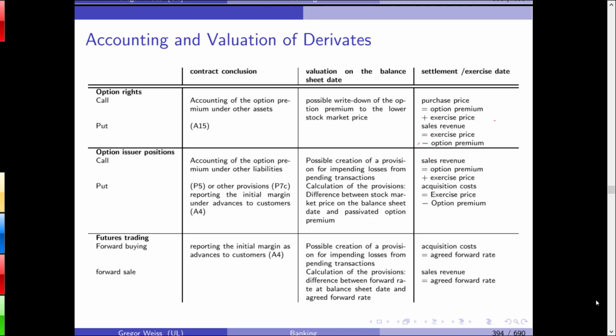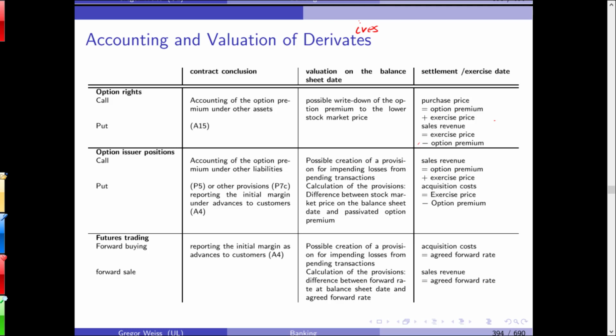Okay, so keeping this in mind, we now have a short look at the accounting rules for hedge accounting. Derivatives under the German Commercial Code. Let's start with option rights.